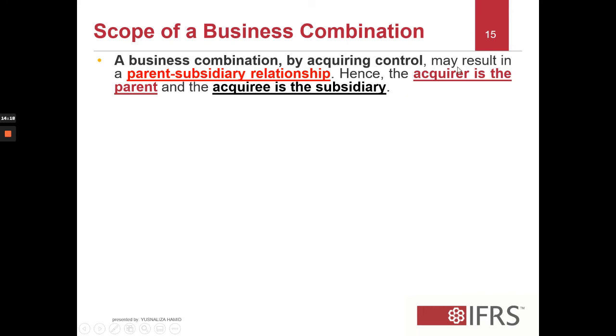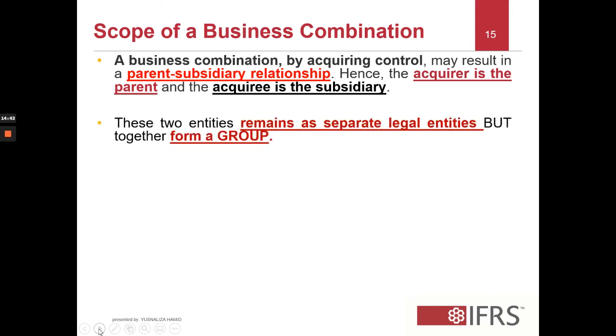But at the moment, the acquirer is to be regarded as the parent, and we will assume that the acquiree is the subsidiary, because the acquirer is the one that will acquire control. The acquiree is the one that is going to be acquired, and as a result of the control, it will give rise to a parent-subsidiary relationship.